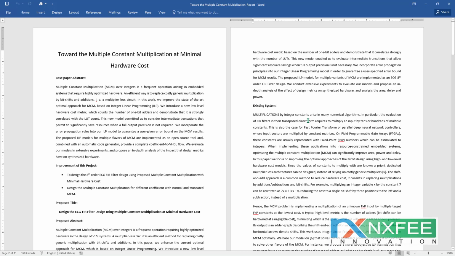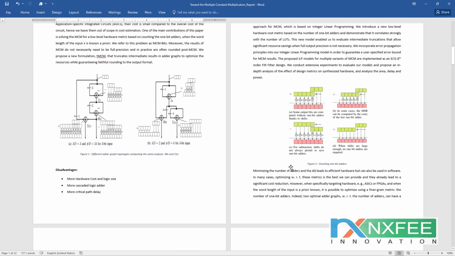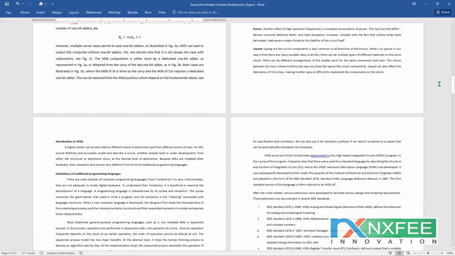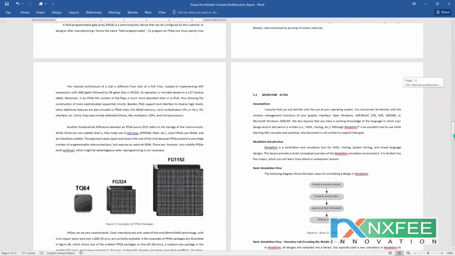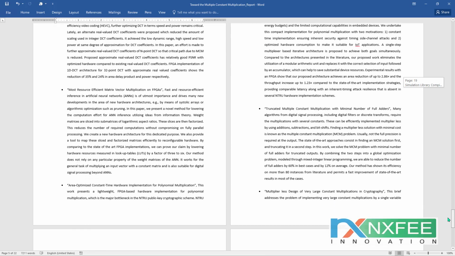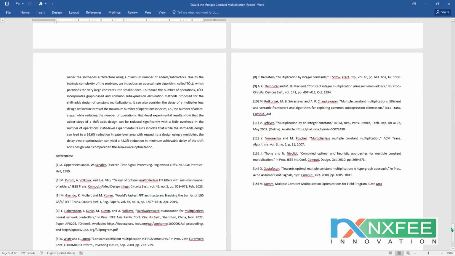Here you can see the base paper abstract, improvement of the project, proposed title, proposed abstract, existing system disadvantages, proposed system advantages and related notes, and finally the literature survey and references. Okay, thank you.